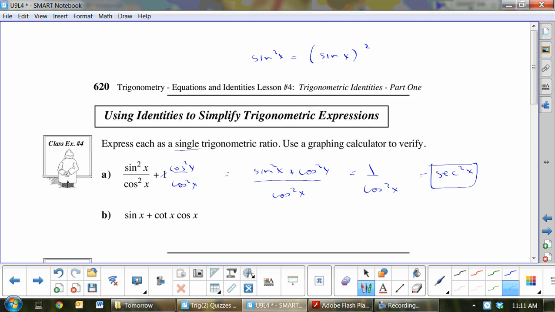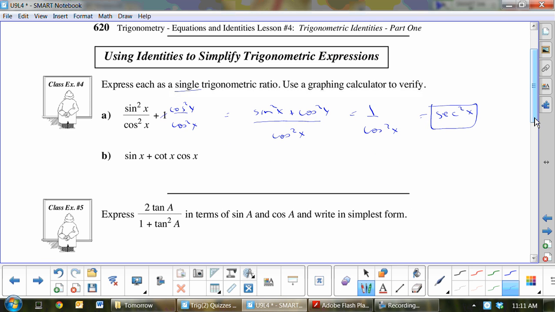Okay, next one. One of the best things to do when you're doing any of these is get rid of cotans and tans. Tans are sine over cos, cotans are cos over sine. So you always want to change it to that. So this would be the same thing as sine x plus, cotan is cos x over sine x, times cos x.